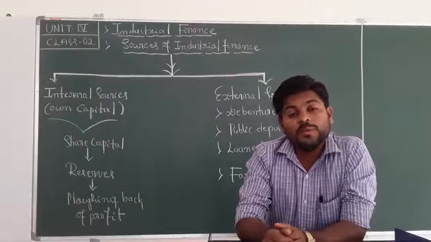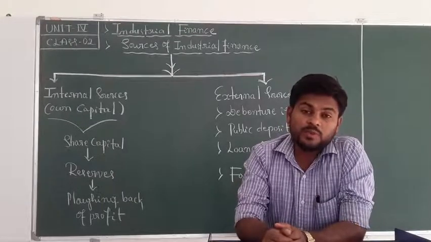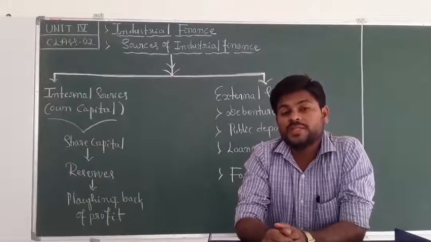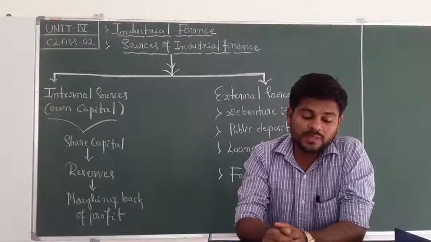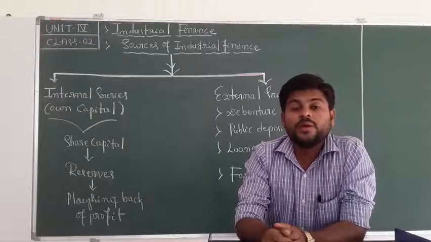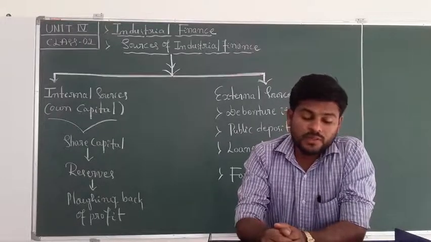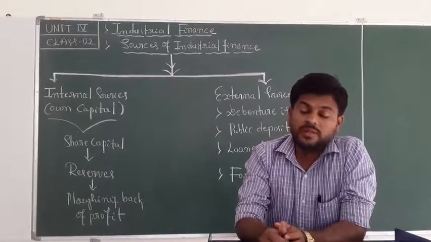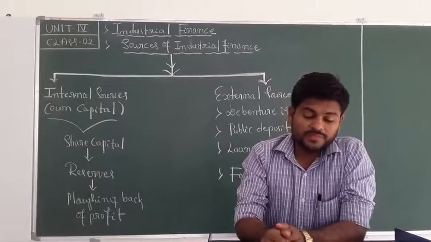A part of the company's profit is used for further development or expansion of industrial units, or expansion of branches of industries or companies. See, the plowed back profit is utilized within their industry or company. So it is also one of the internal sources of finance.